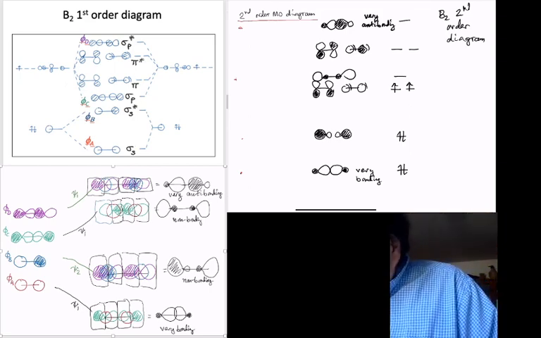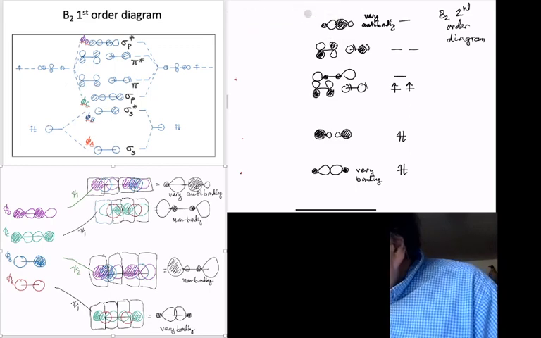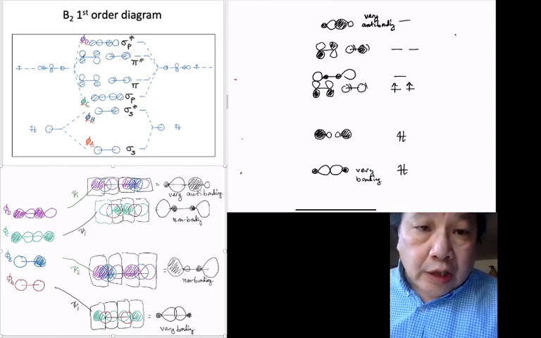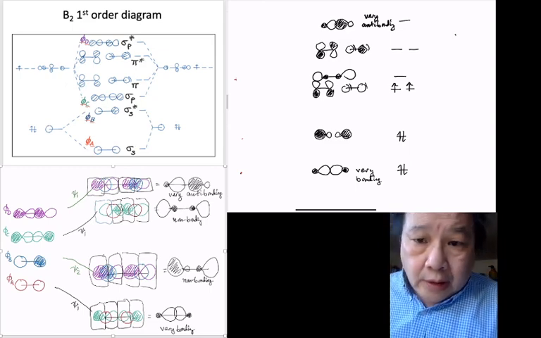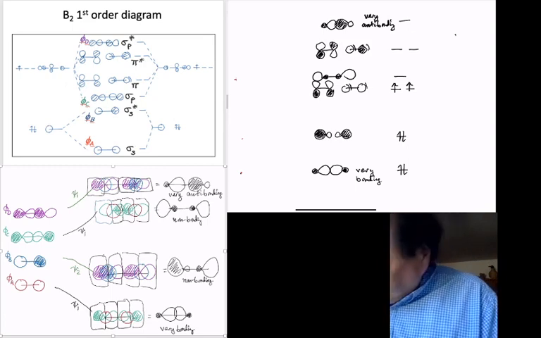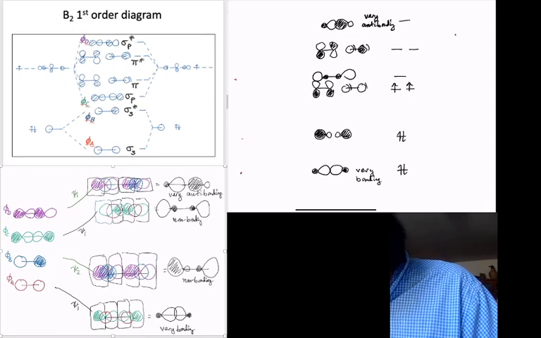It is traditional in the second order diagram to draw the original AOs on the left and right side, although it's not where they came from. I will do that right here. Here are the original AOs. 1, 2, 3.